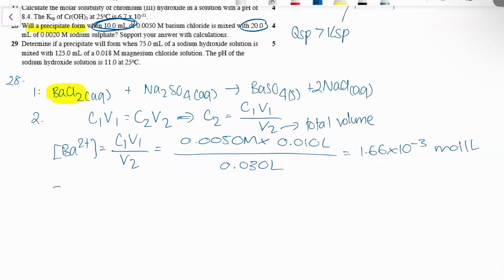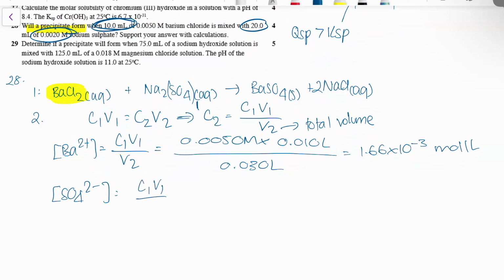Same thing for the SO4 2-. I, once again, haven't been given the sulfate. I've been given sodium sulfate. So I need to check what's the ratio. How many sulfates in sodium sulfate? One as well. So if I put those brackets around, the invisible subscript is 1. So I can take the concentration of the sodium sulfate, 0.002, as the concentration of just the sulfate as well.